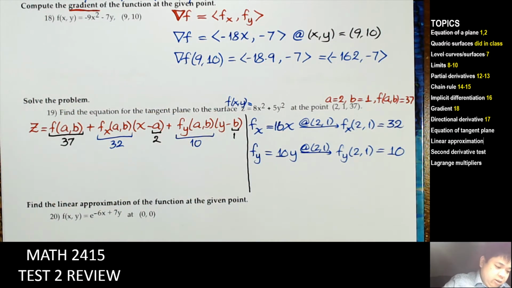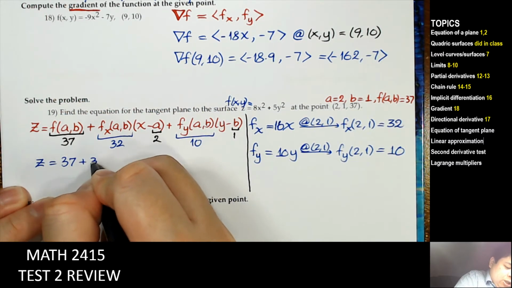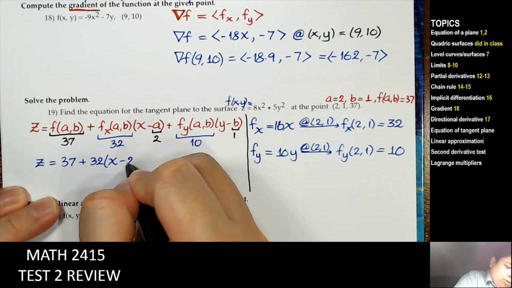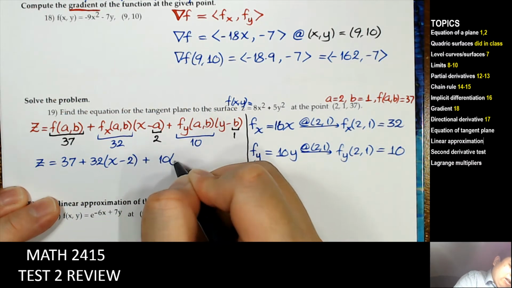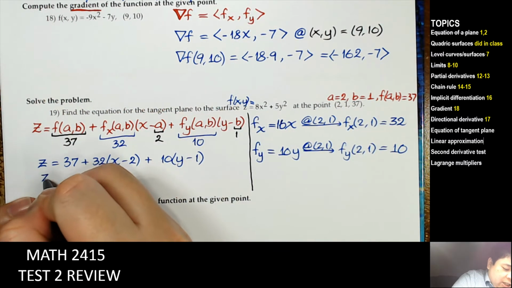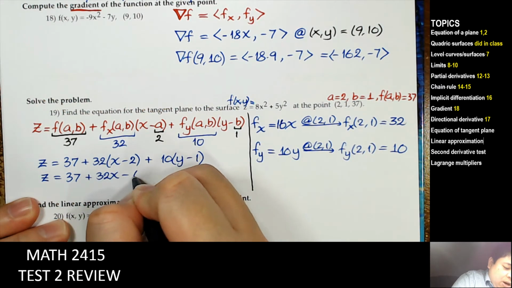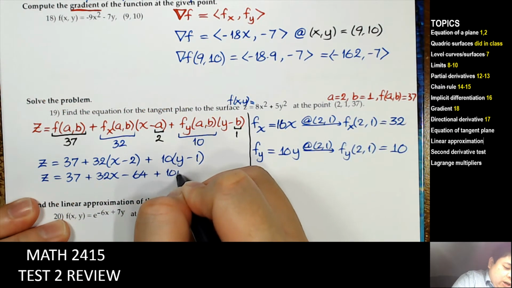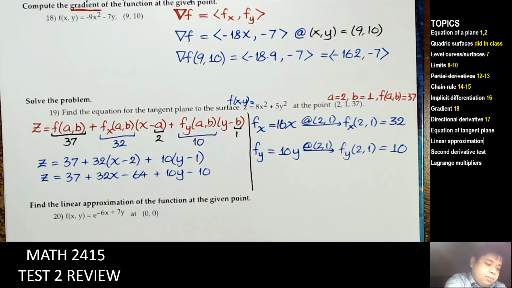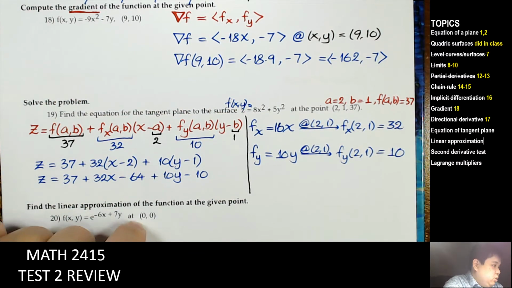So the equation becomes z equals 37 plus 32 times (x minus 2) plus 10 times (y minus 1). We can leave it like this, or we multiply everything out and keep x, y, z on one side. I will do that. We have z equals 37 plus 32x minus 64 plus 10y minus 10. Let's move the z to this side.